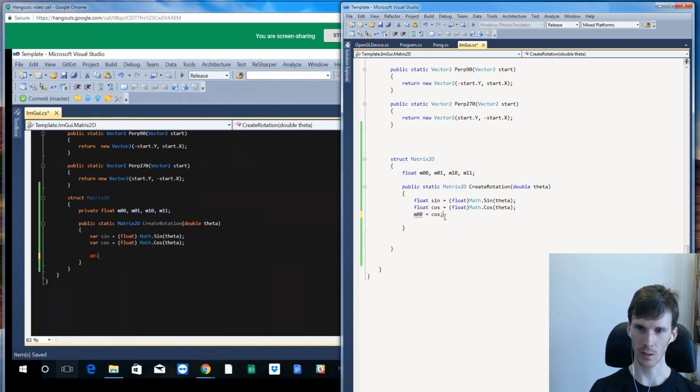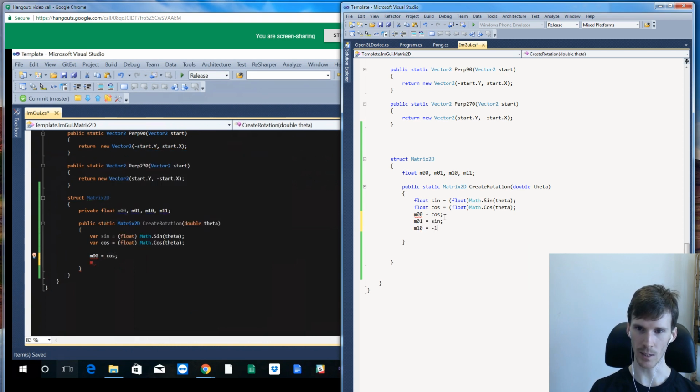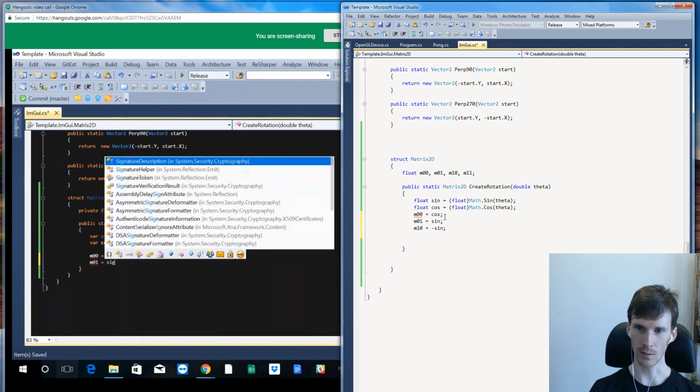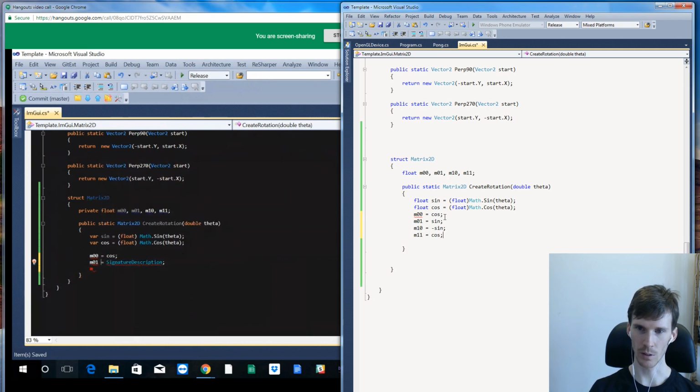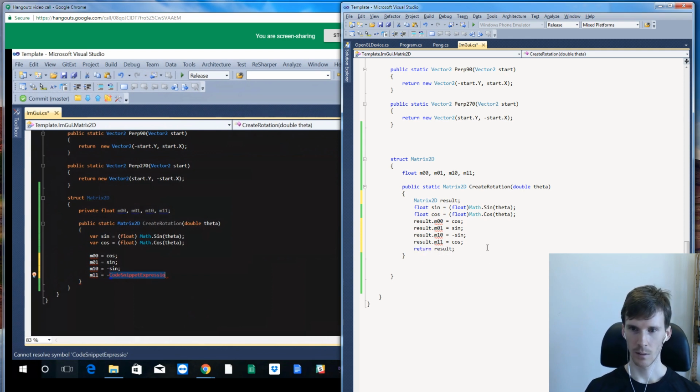Cos. m11 equals cos. m01 equals sine. m10 equals negative sine. So, hang on. That's static, so I have to make a new instance. Yeah. Ta-da!